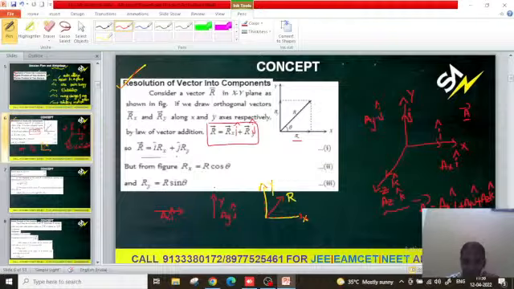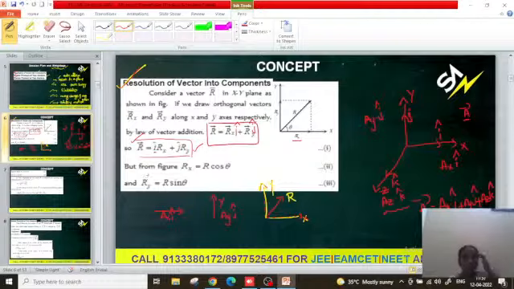So this equation represents r bar in terms of its components. Rx and ry are the components of r bar. Rx is along the x direction, so its unit vector is i cap. The ry component is along the y direction, its unit vector is j cap.